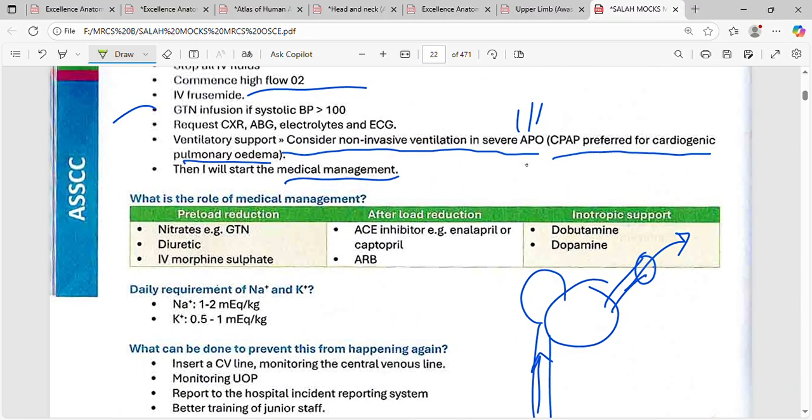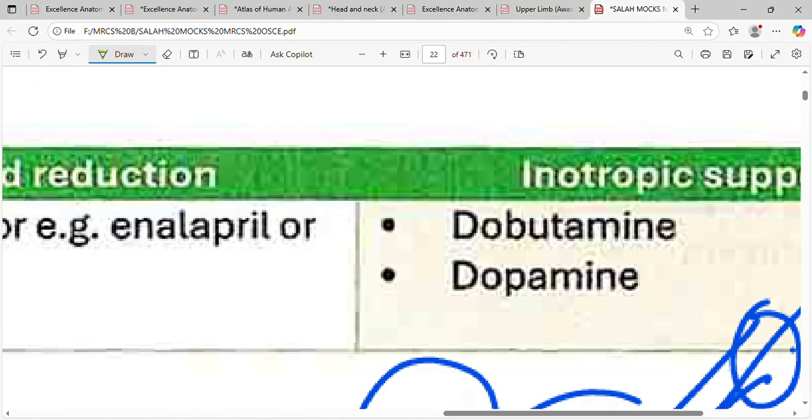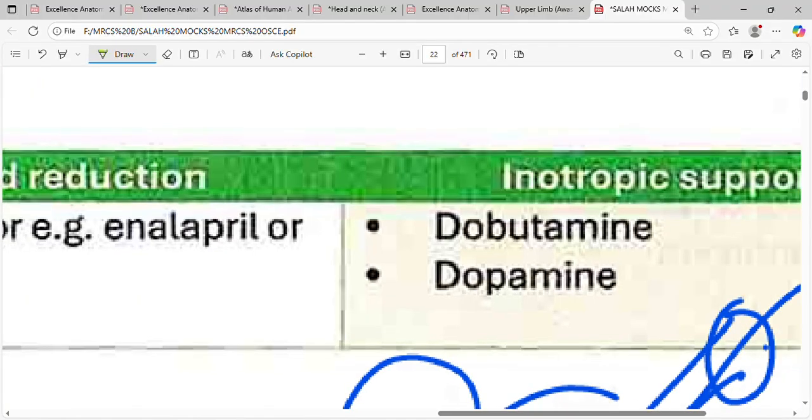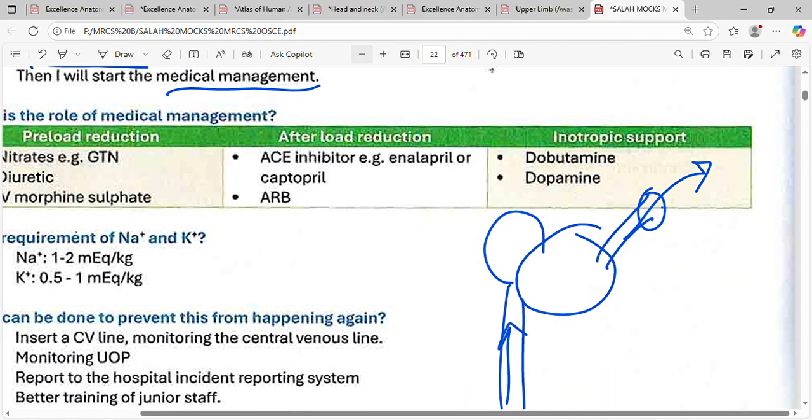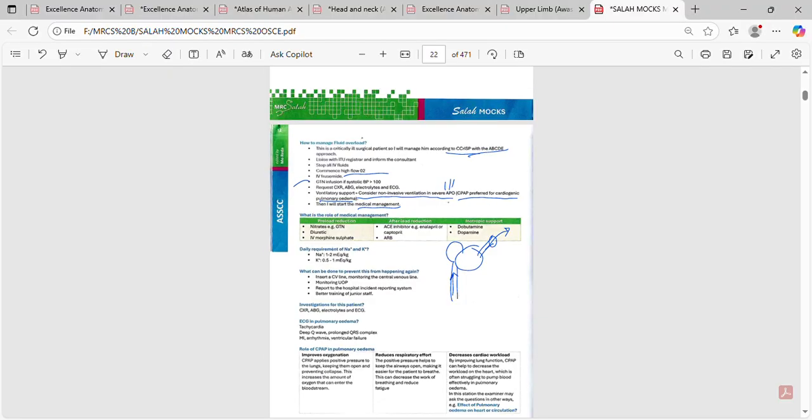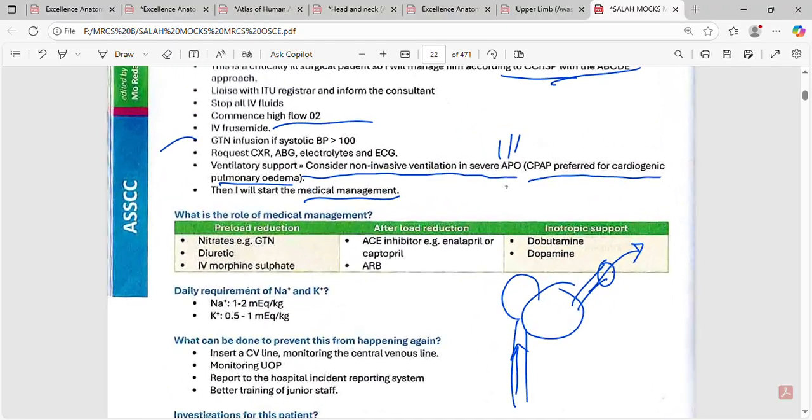So inotropic support is by dobutamine, dopamine, and afterload reduction is by ACE inhibitors, enalapril or captopril, and ARBs.